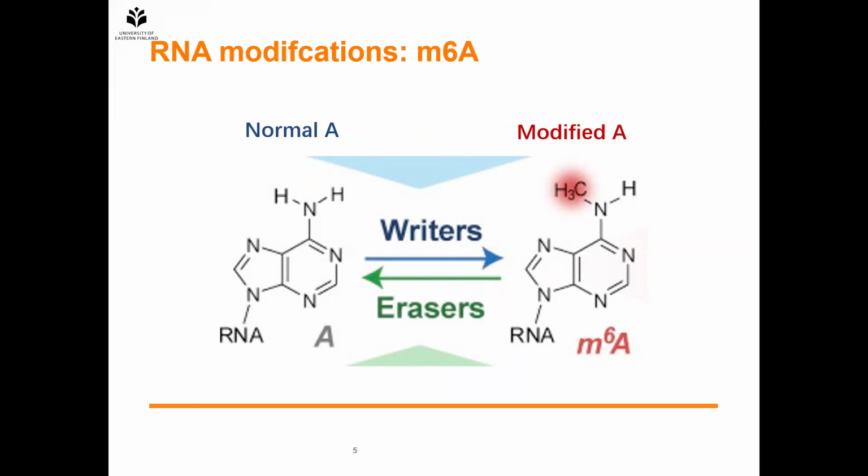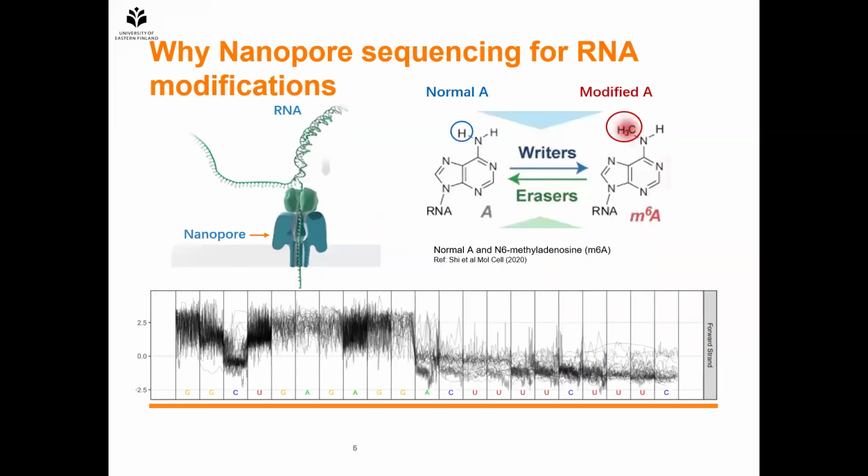Basically, if there are modifications, then we should see two peaks in the raw signals at the bottom that you can see. Basically there are two bases, one is the normal A, one is an m6A. So the electric signal at the front.